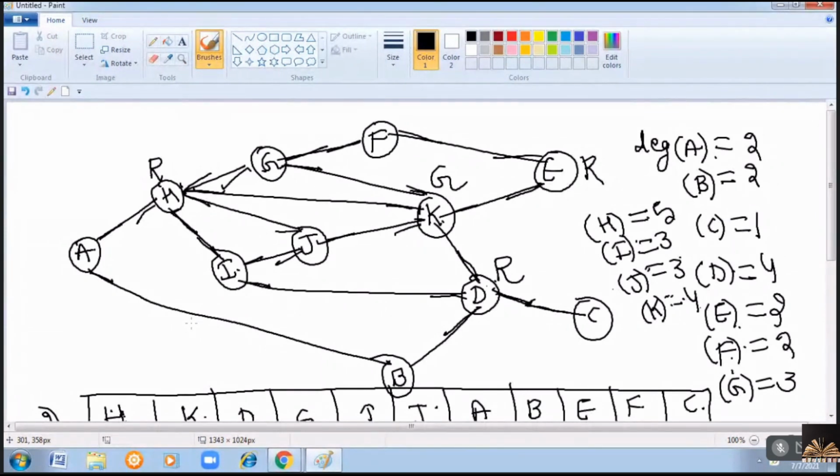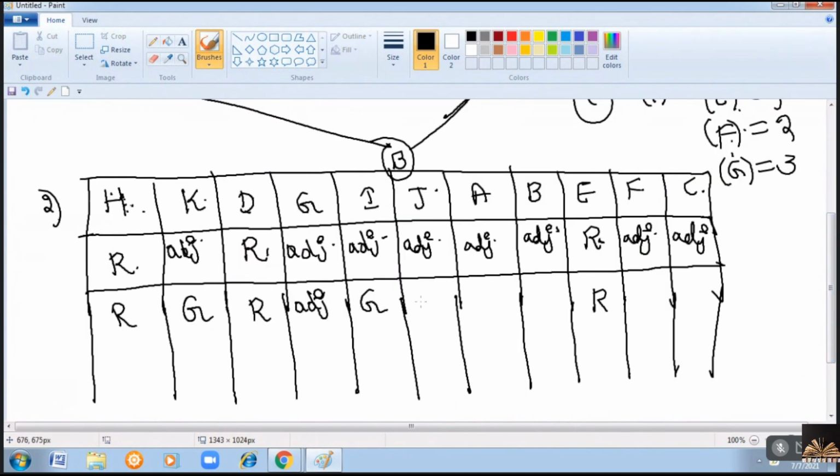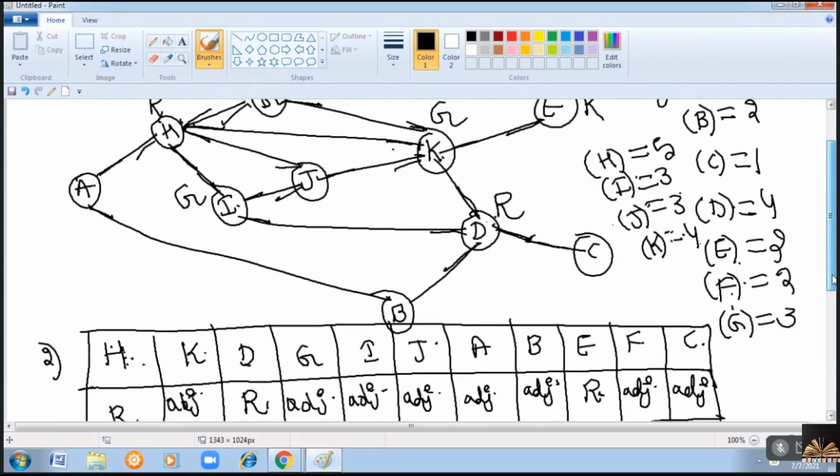I can be colored with the same color which you have used for K. Is J adjacent to K? Yes, J is adjacent. So it cannot be colored. Now you need to check whether the remaining uncolored vertices are adjacent to both K and I. Next is A. Is A adjacent to I or K? No, it is not adjacent.